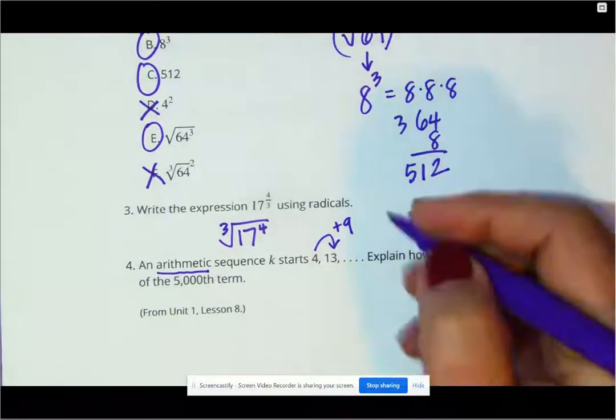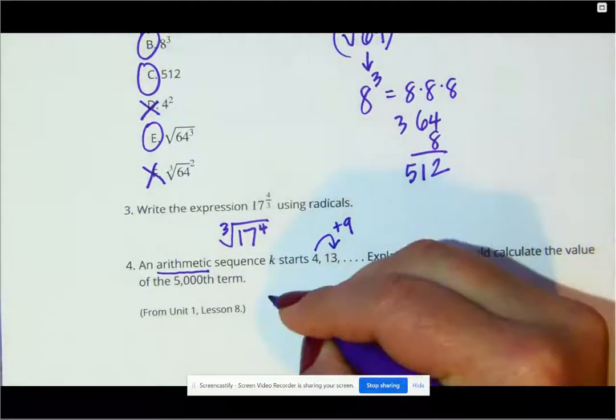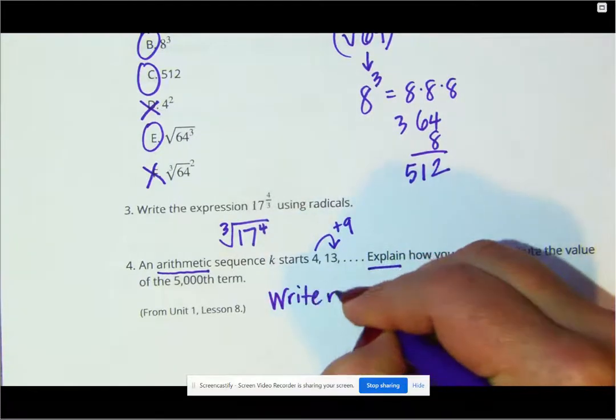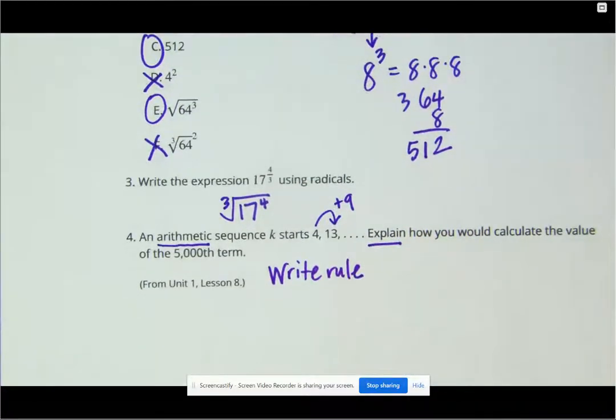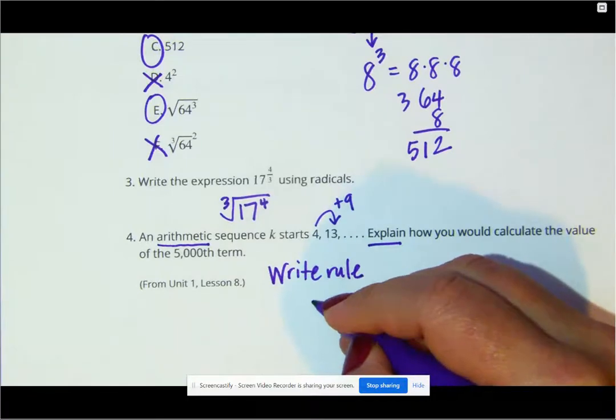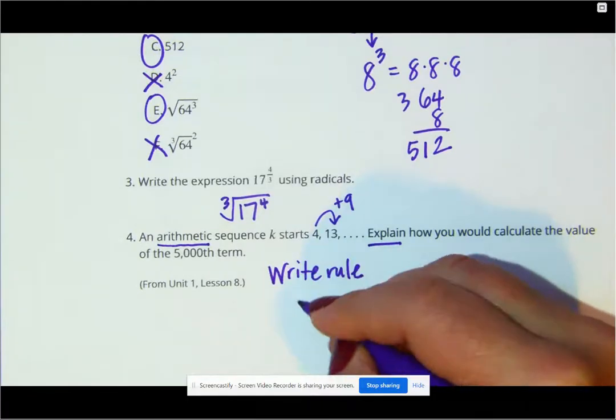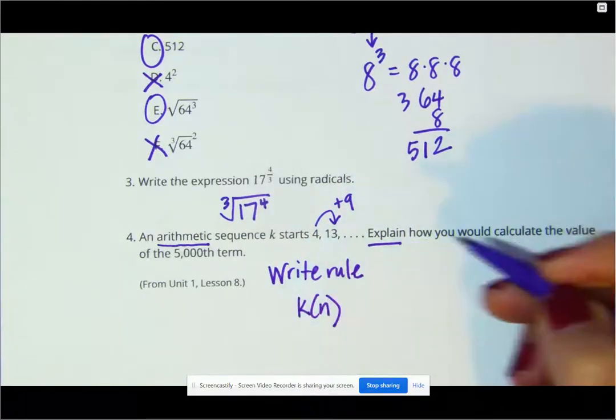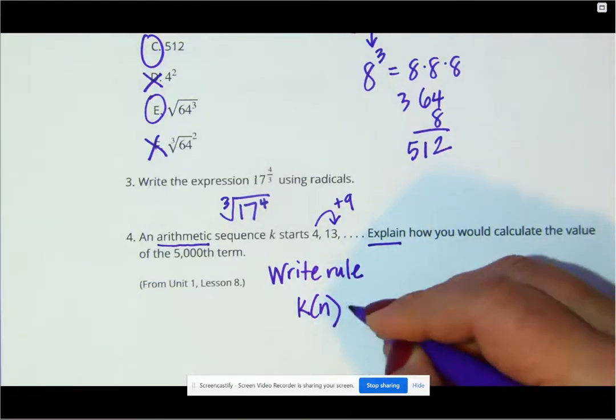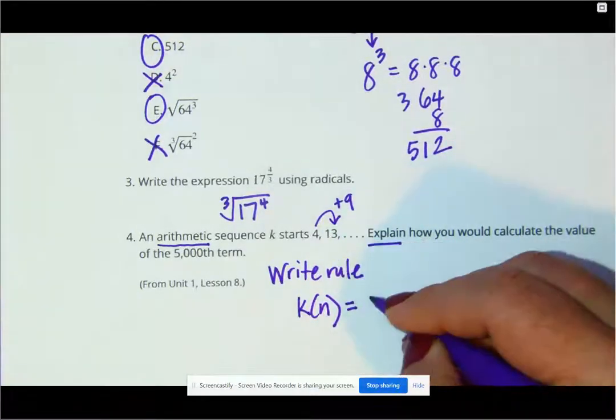And all it did is it says explain how. So I would write a rule, and hopefully you remember how to write that rule. I will say to find any term, we start with the first term.